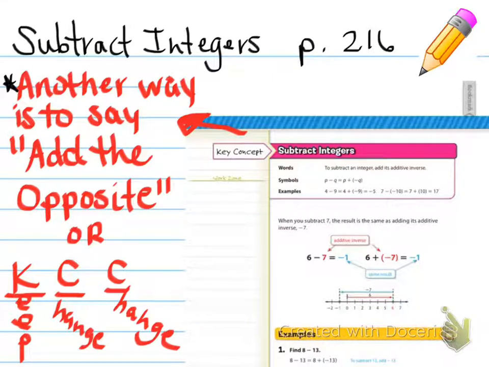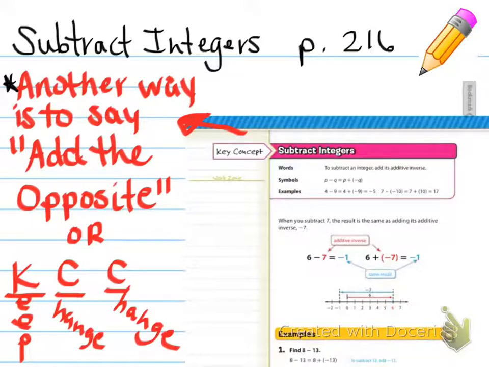So you're going to change 6 minus 7 to 6 plus, and then the positive 7, you change the sign to make it a negative 7. So now your problem, as you can see, is 6 plus negative 7. When they have different signs, you subtract, and since negative 7 has the greater absolute value, your final answer would keep the negative sign. That's how they got the answer of negative 1.